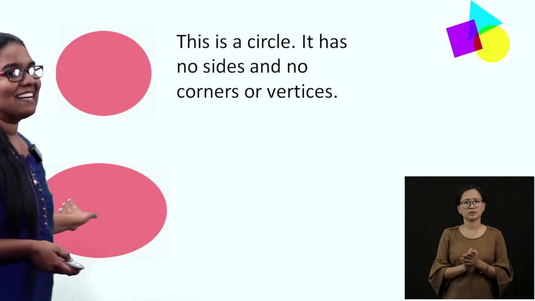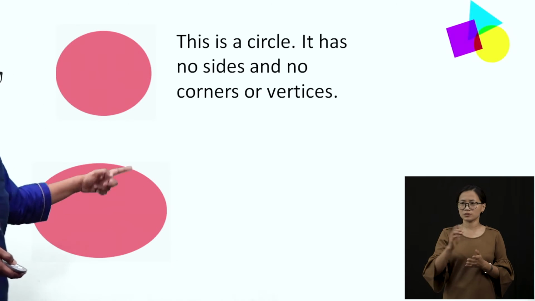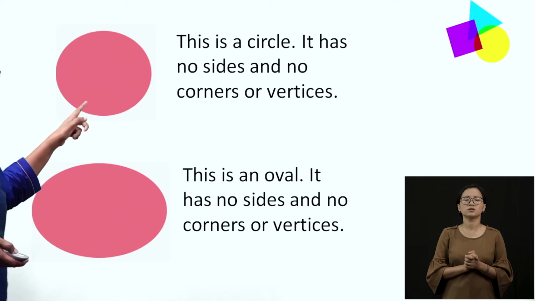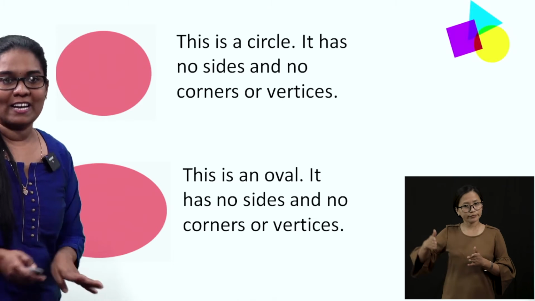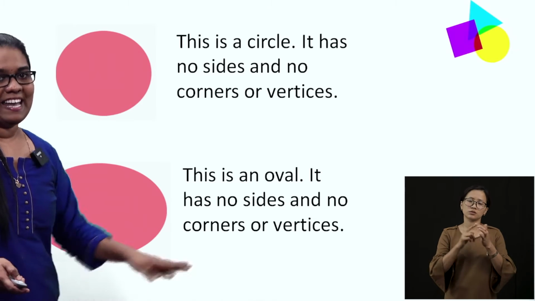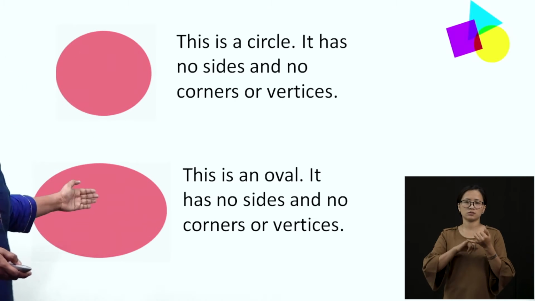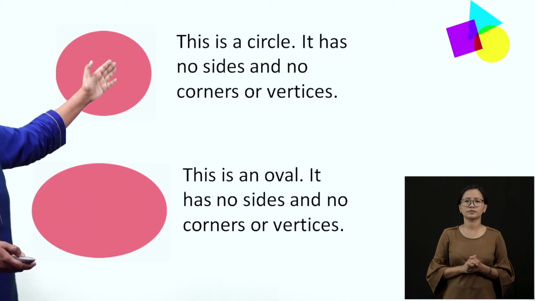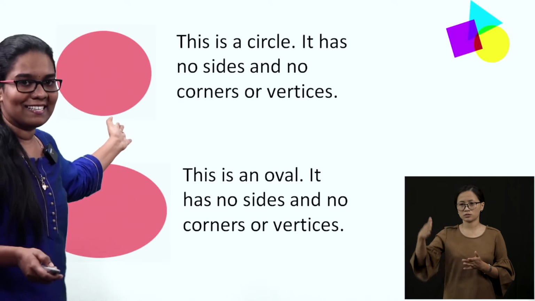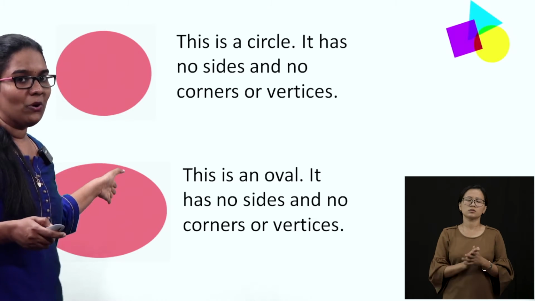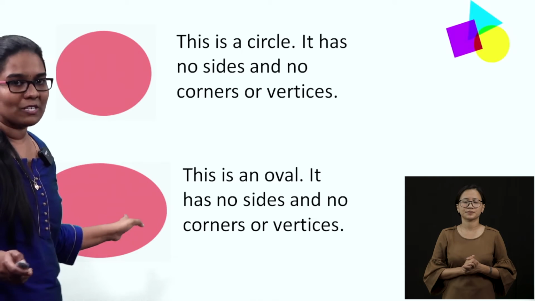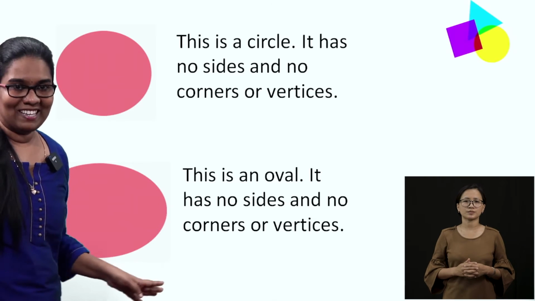Just like this, this is an oval, and it also has no sides and no corners or vertices. Circle and oval have no sides, no corners, no vertices.